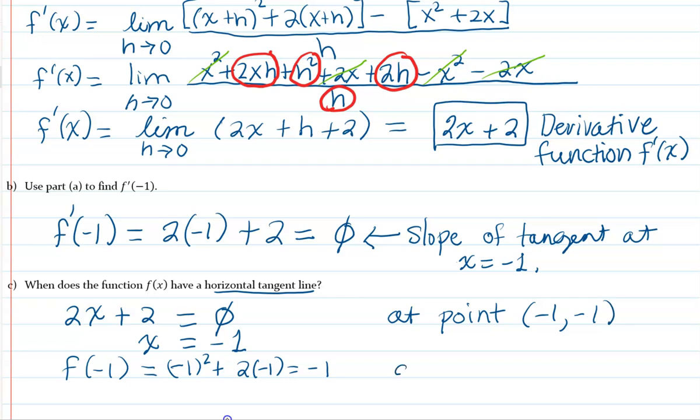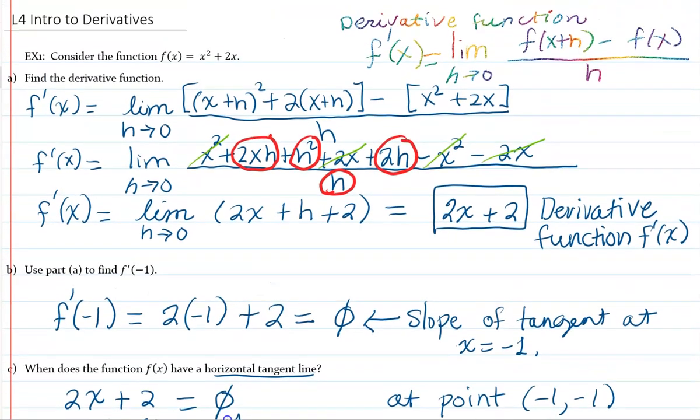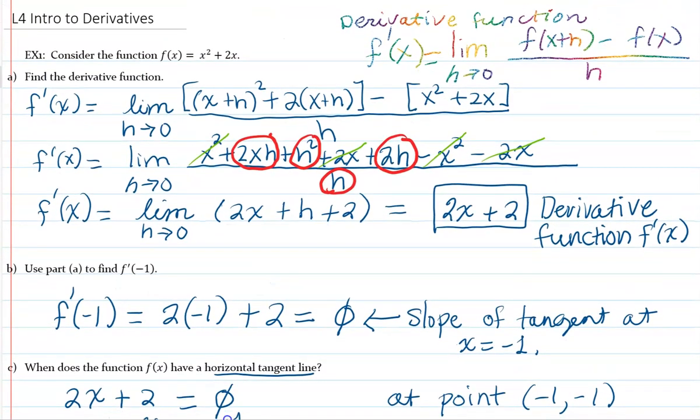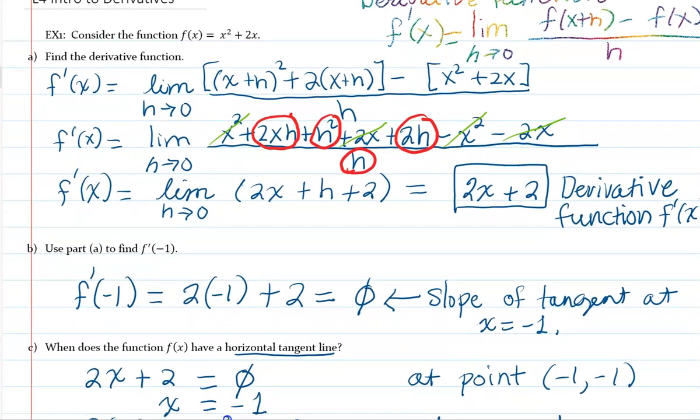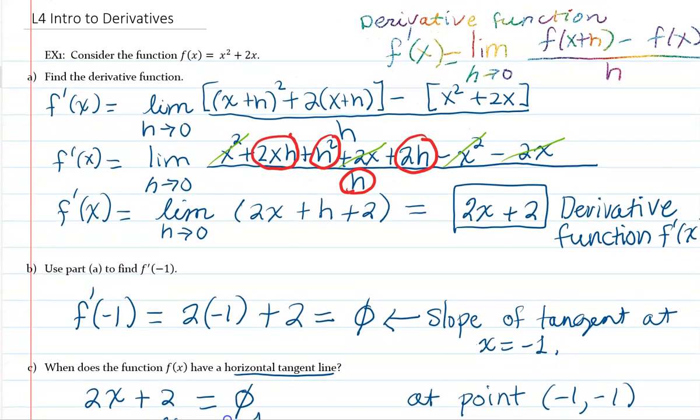Or we can just say at x equals -1, whichever answer you prefer. Okay, but again, for the lesson, we would say the derivative function is the instantaneous rate of change, or the slope of the tangent line, and that is the definition.